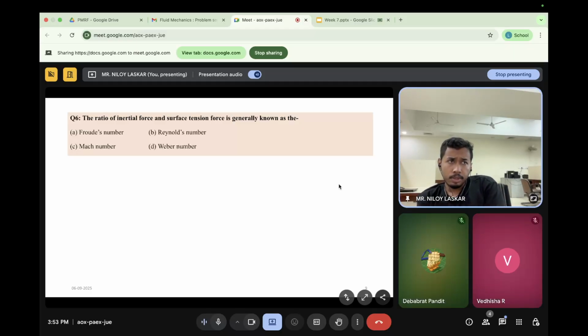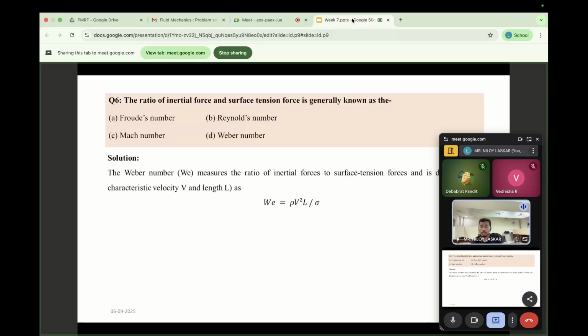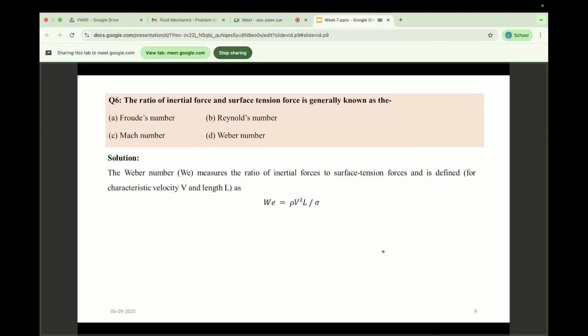I am moving to the next question. The correct option is option D, and I have also given the formula earlier. One thing: how does this formula come about?